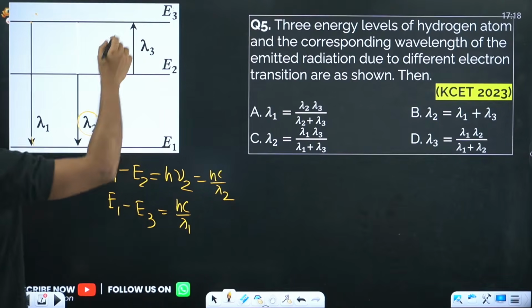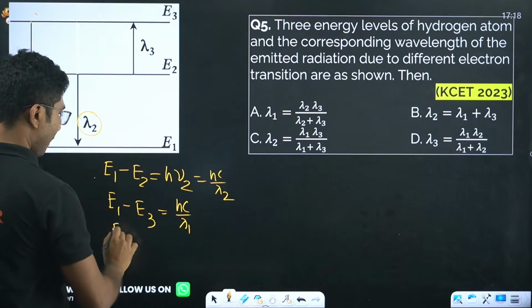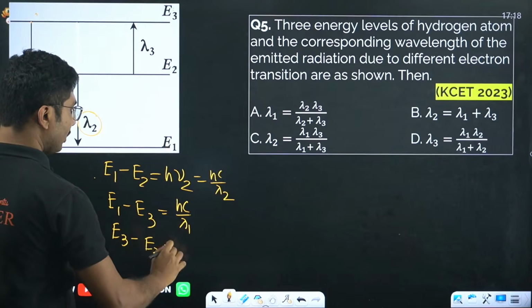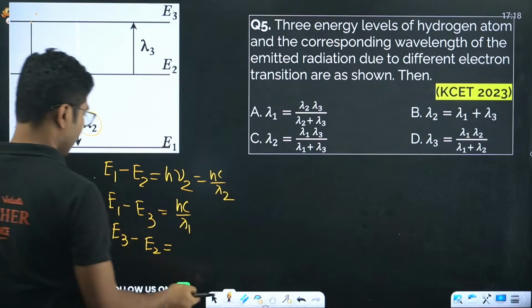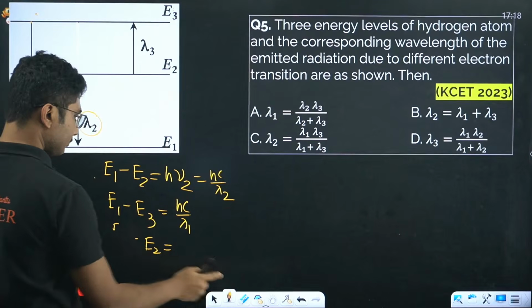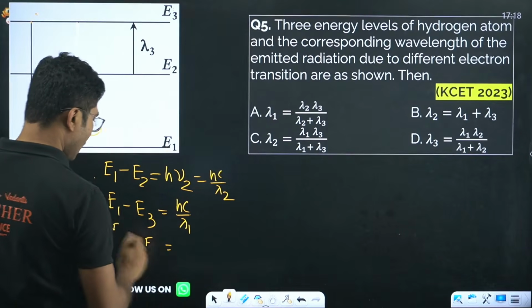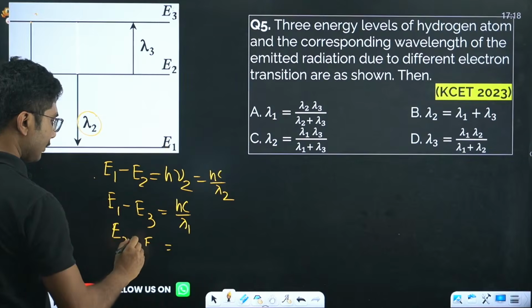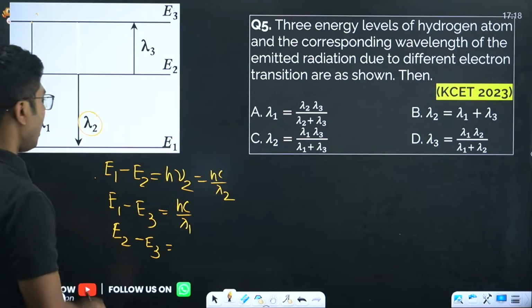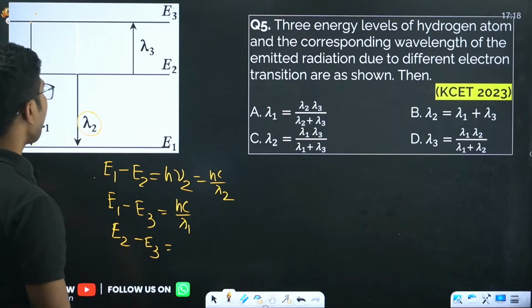Similarly, higher energy minus lower energy, E3 minus E2 equals hc by lambda 3. Am I doing it correctly?